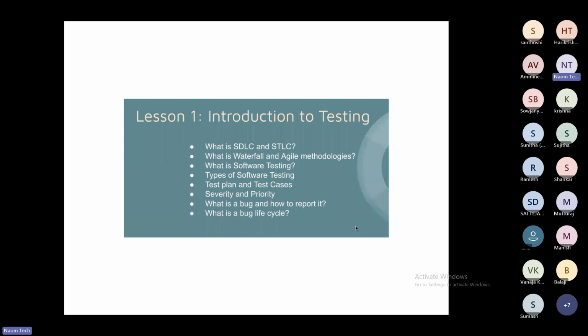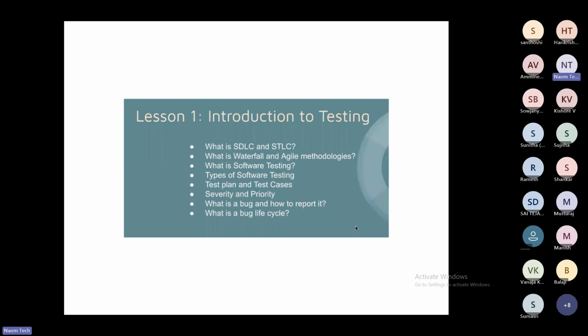Now, in today's session, if someone is new to testing or wants a quick recap or overview of testing terminologies, this is the best start. So, what is SDLC and STLC? What are the waterfall and agile methodologies?